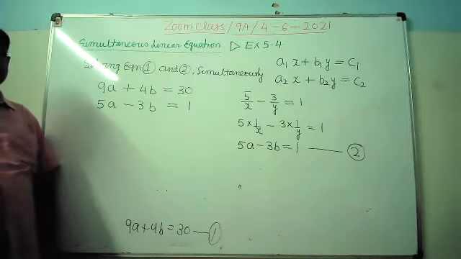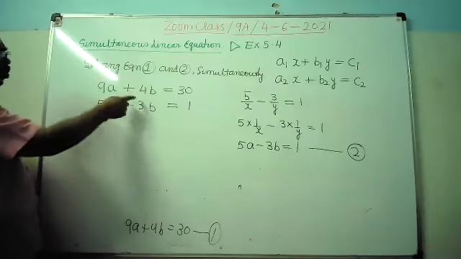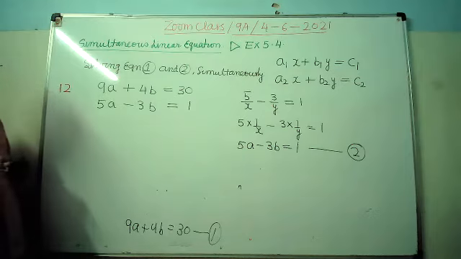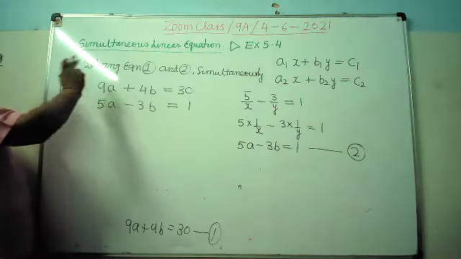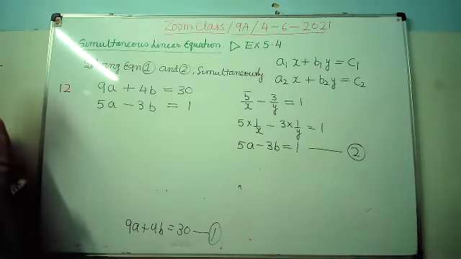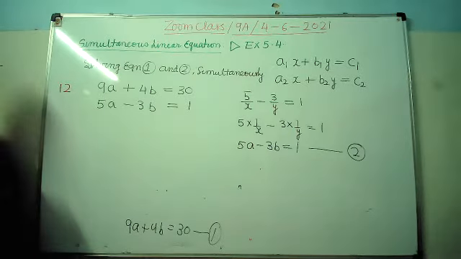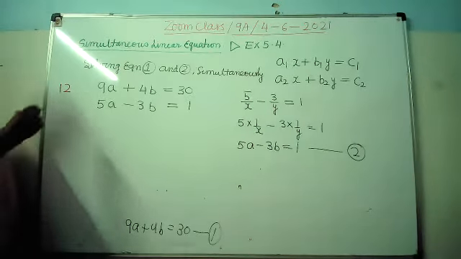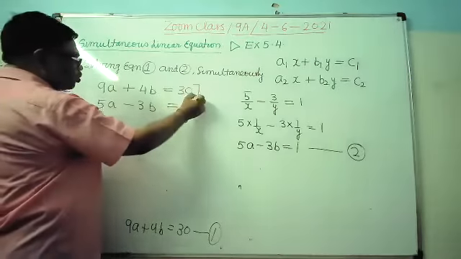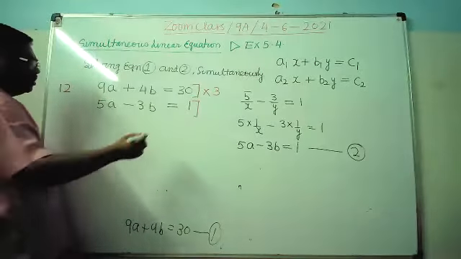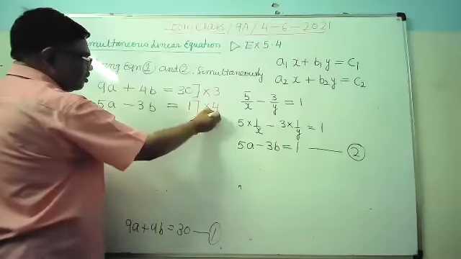So the LCM of 4 and 3 is 12. To make 4 into 12, multiply this equation by which number? Sir, 3. So you will multiply this equation by 3 and this equation by 4.